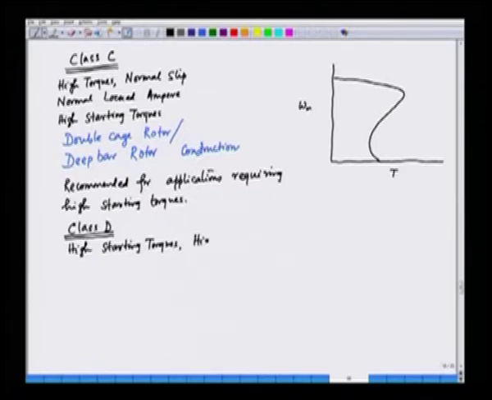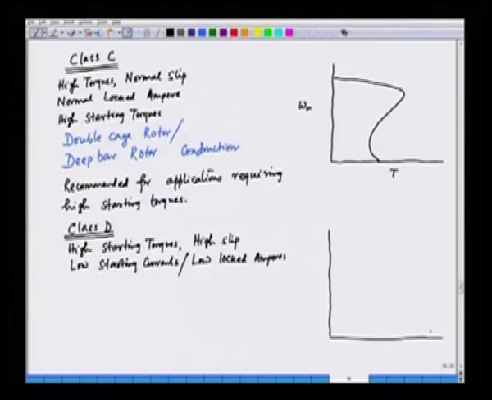Naturally the slip will be high here, and low starting current, the same as low locked amperes. If we see the characteristic of this class of motors, we will have the torque speed characteristic like this.